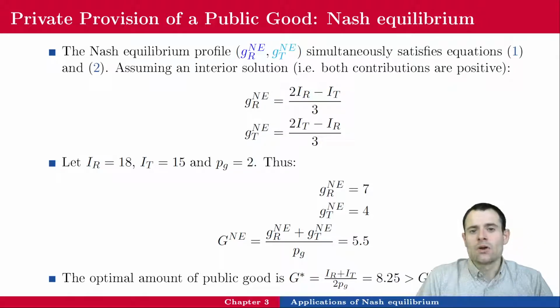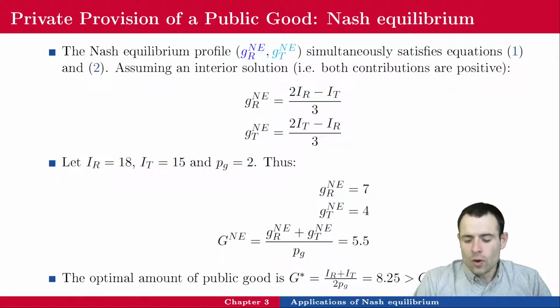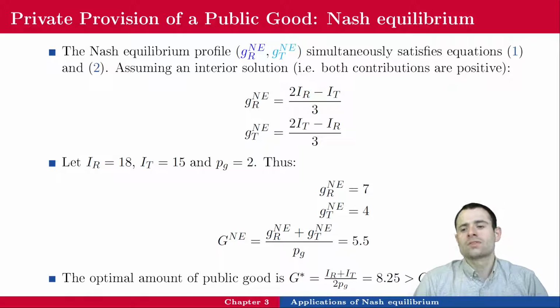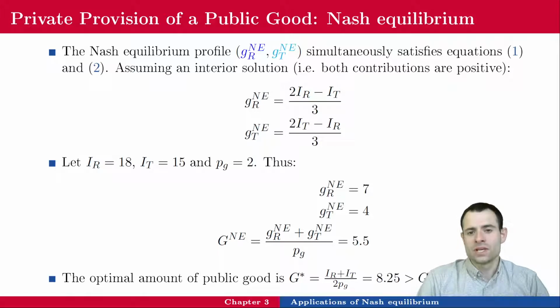And again, it's all about, do I satisfy only my own utility like a selfish, rational consumer? Or do I take into account the effects I have on other people in my optimization problem? Any questions?